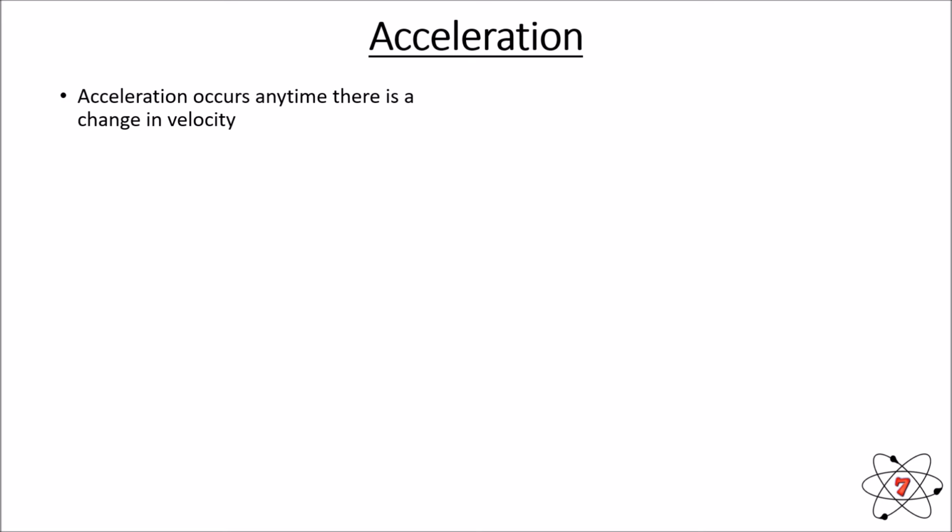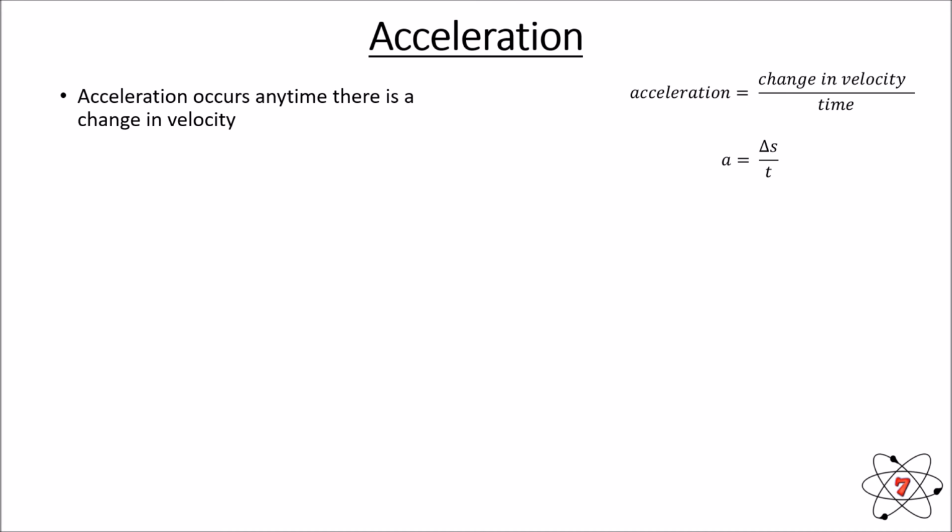So anytime we have a change in velocity, we can either have a change in speed or a change in direction, or we can have a change in speed and direction. So acceleration does not necessarily require a change in speed, merely a change in direction. And we can calculate acceleration using this equation. Acceleration is equal to a change in velocity divided by time.